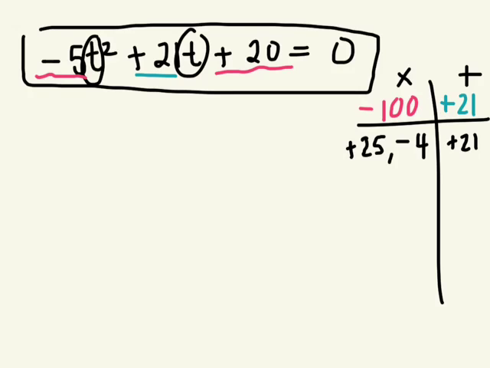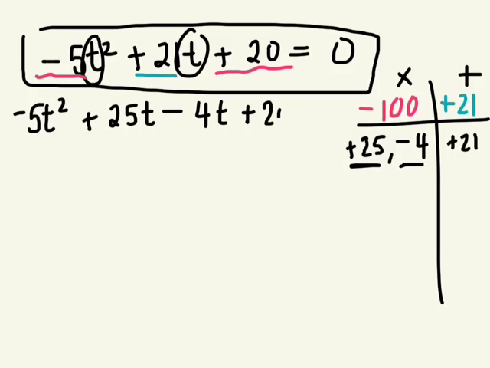So we're going to decompose this. Negative 5t squared. Are we going to put 25 with that or 4? Which one has a common factor? Plus 25t minus 4t plus 20, right? We decompose this equals 0. Now that we've grouped terms that have a common factor, factor this and factor this.